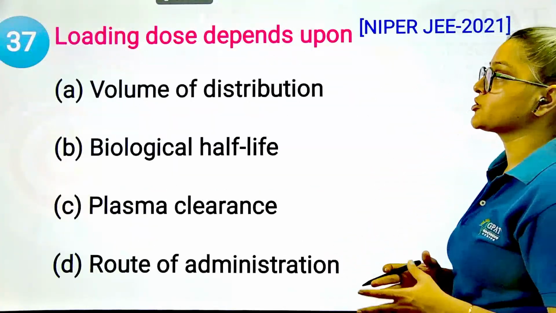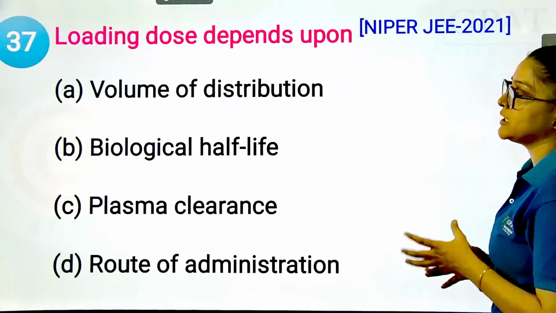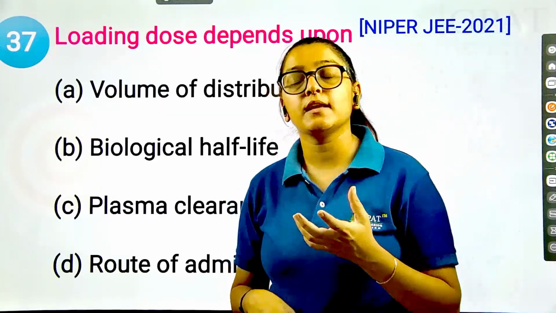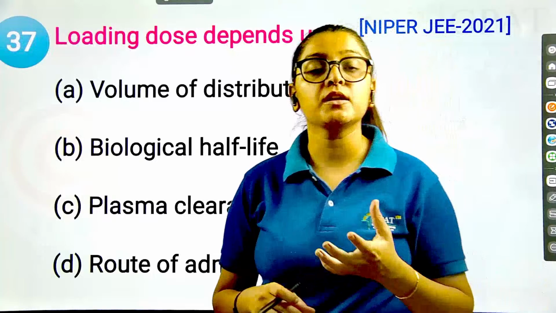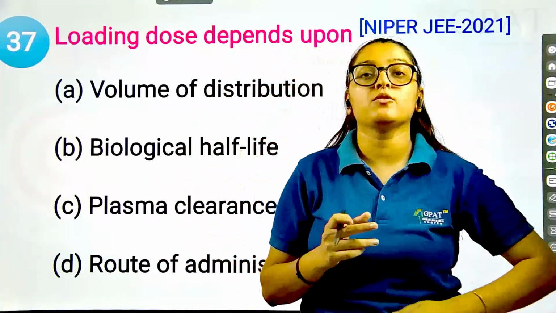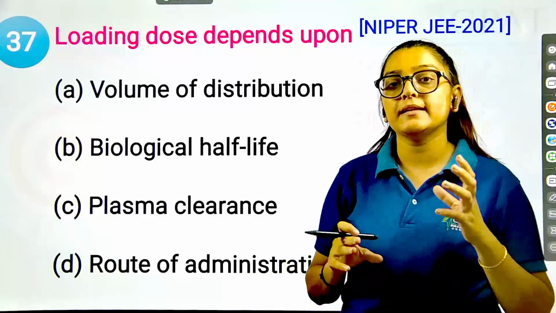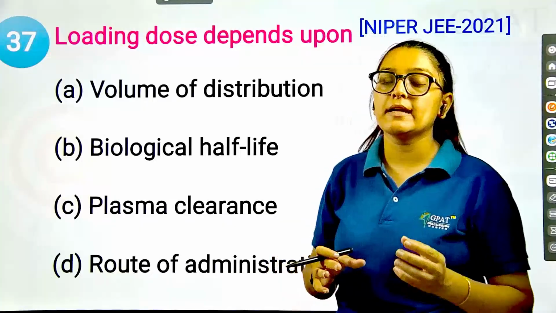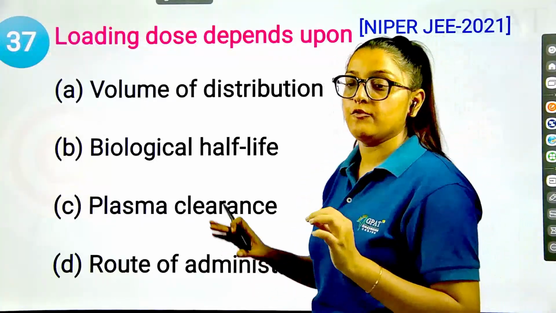Okay. Next question. The loading dose depends upon the, we have just started the steady state part. I have mentioned that the concept of infusion and elimination is applied for the calculation of the loading dose and the maintenance doses as well. So this loading dose is correlated with none other than our volume of distribution.